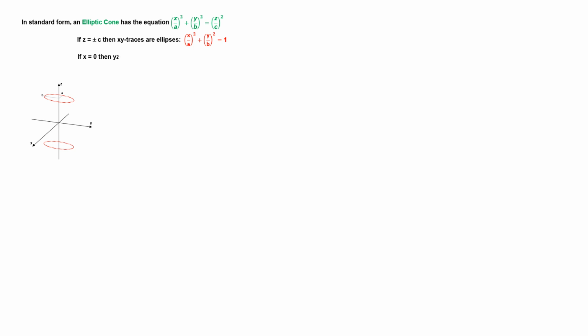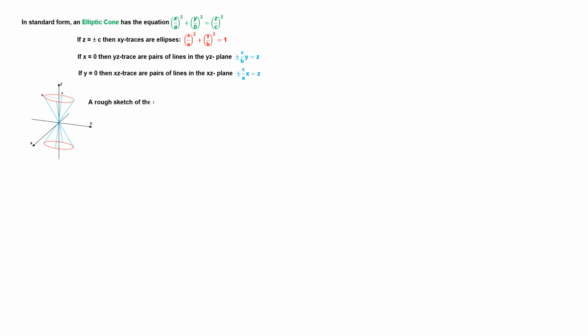If x equals 0, then yz trace are pairs of lines in the yz plane. If y equals 0, then xz trace are pairs of lines in the xz plane.